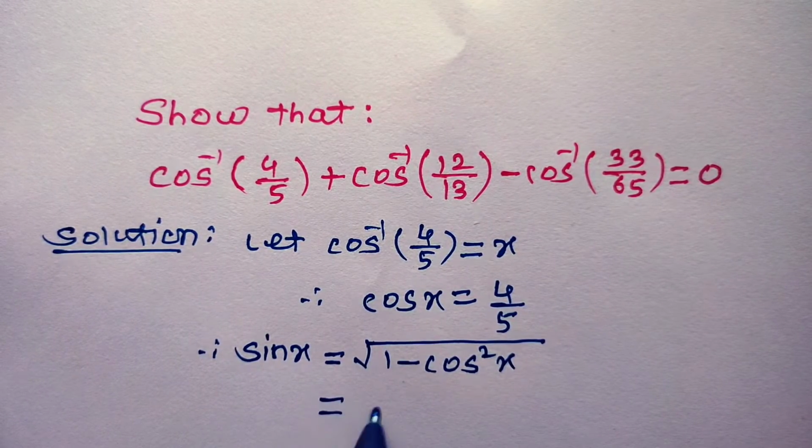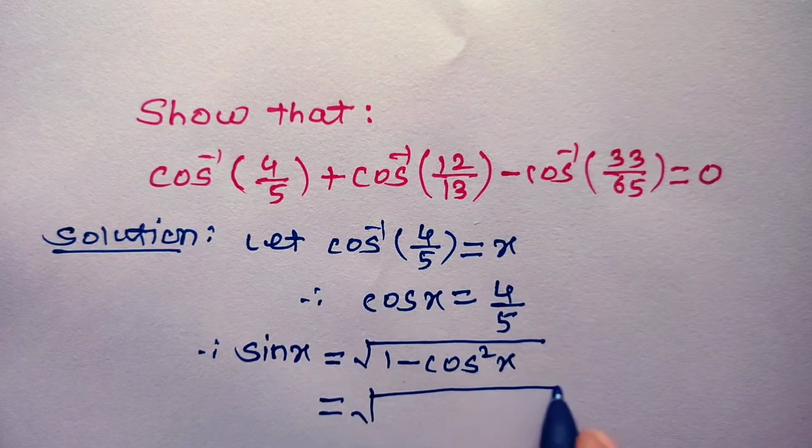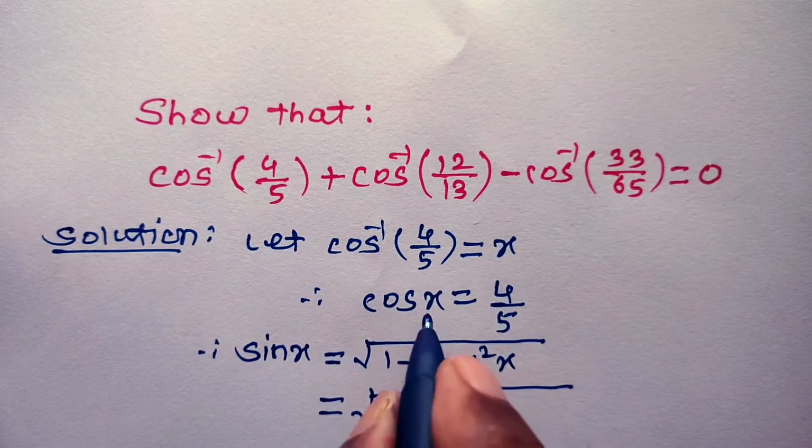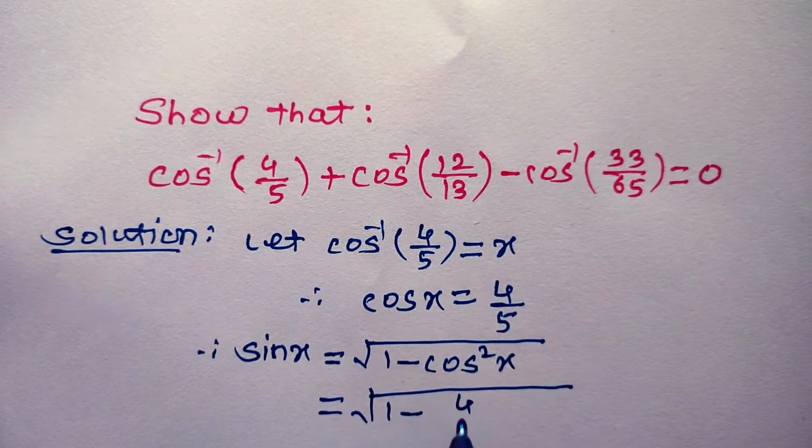and this is equal to square root of 1 minus cos x is 4/5, so (4/5) its square.